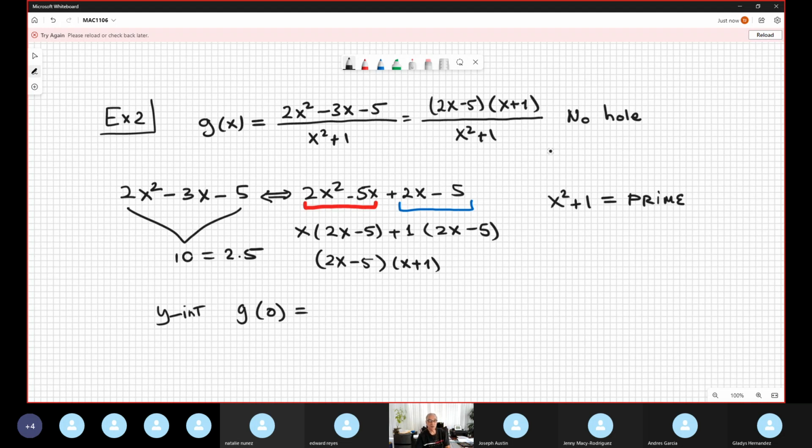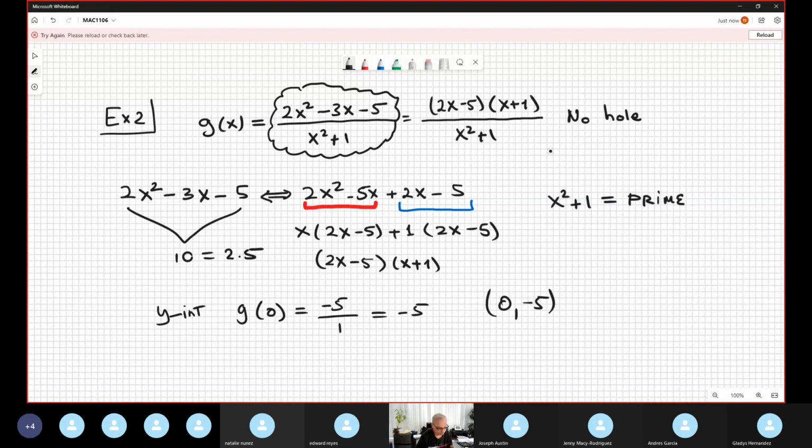You can plug it in the original or in the factored form, either way. I prefer here the factored form, because it's easy to see. In the top you have -5, in the bottom you have +1, so actually it's -5. And the point is (0, -5). This is our y-intercept.